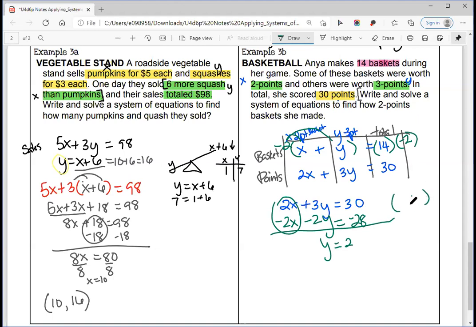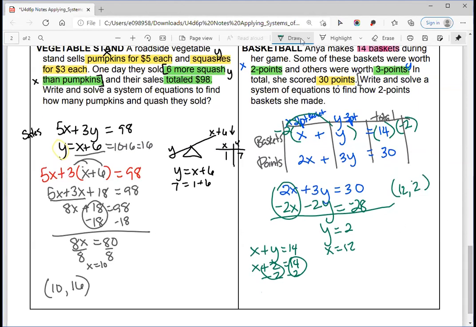So we have 2 3-point baskets. And then I'm going to plug it into my original one. X plus Y is equal to 14. What plus 2 gives me 14? 12. Good. So X is equal to 12. And we want to explain this. I didn't do it very well on the last one either.